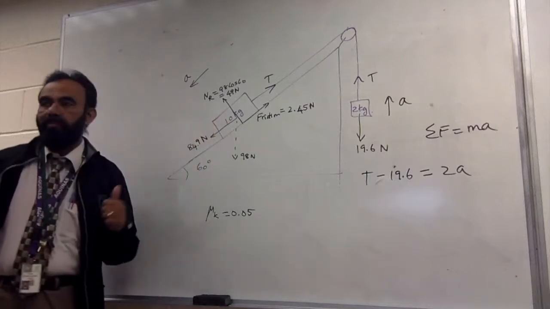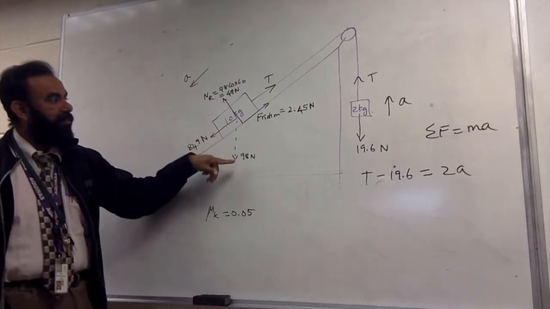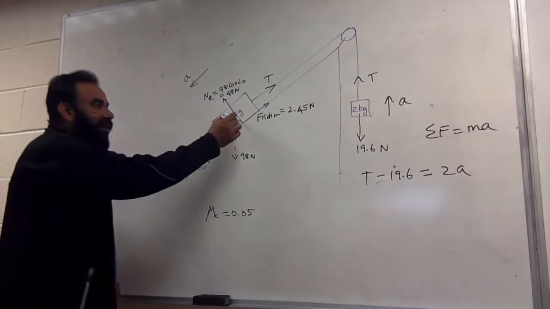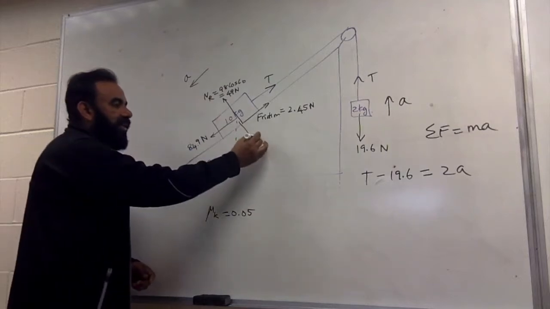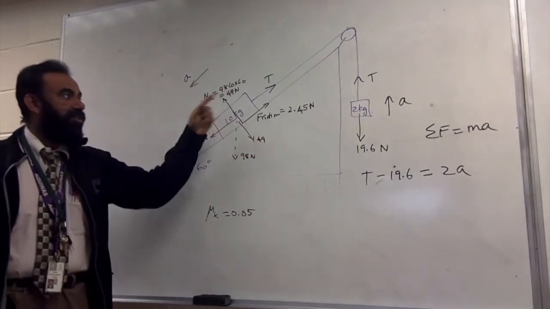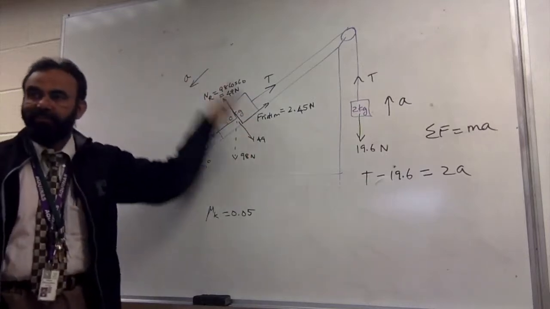Then I'll come to this object. There is a component of gravity pulling it downward on the object, which is also 49, and that's why the normal reaction is 49. So this thing is not going to move this way, correct?